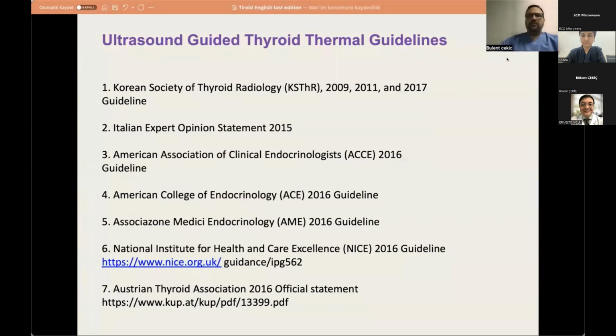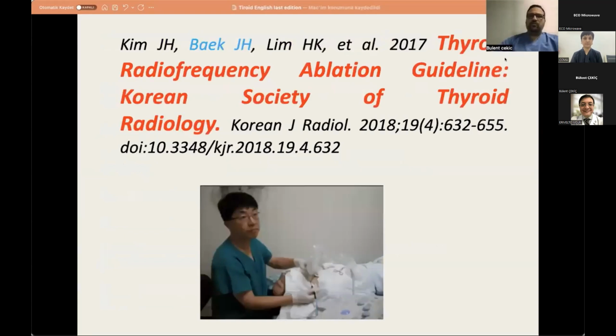We have many ultrasound-guided thyroid thermal ablation guidelines, but the main guidelines are the Korean guidelines, and Dr. Baek is the pioneer of thyroid ablation guidelines and technique.